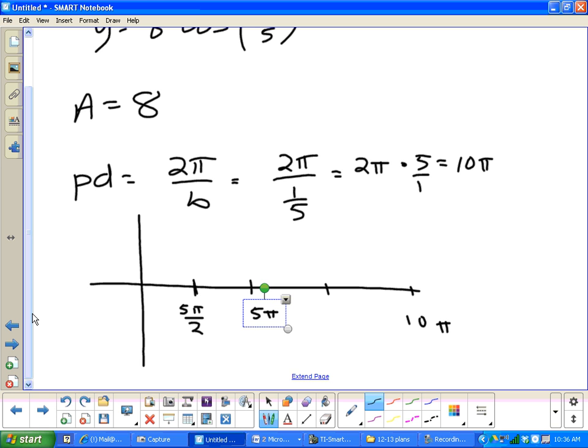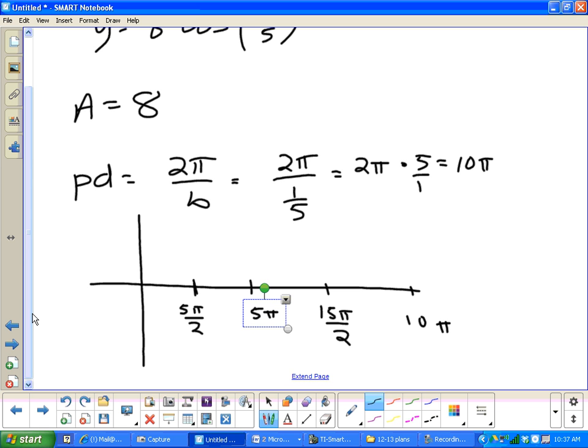You follow me there? Start over again. 5 pi over 2, 10 pi over 2, 15 pi over 2, and then the next one, 20 pi over 2, is 10 pi.